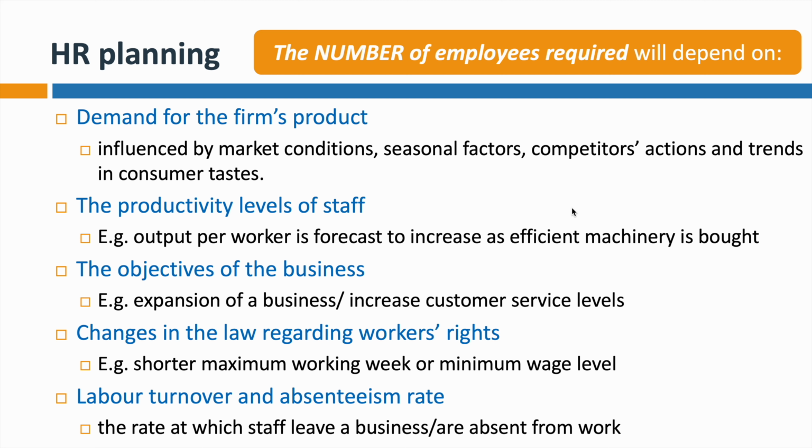Absenteeism rate is the rate of people being absent from work. And obviously, if people are leaving more or are being more absent, we're probably going to need more employees so that they make up for the time that our sort of badly behaved employees did not spend on creating the product.